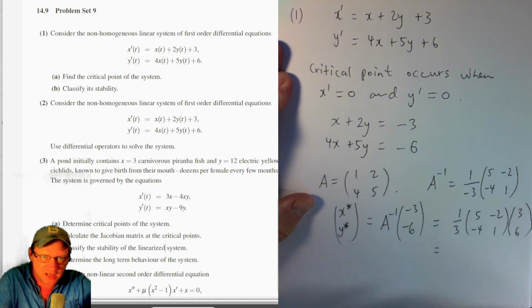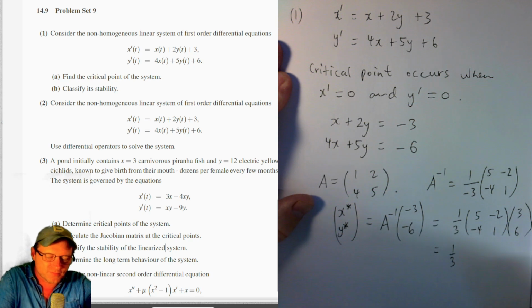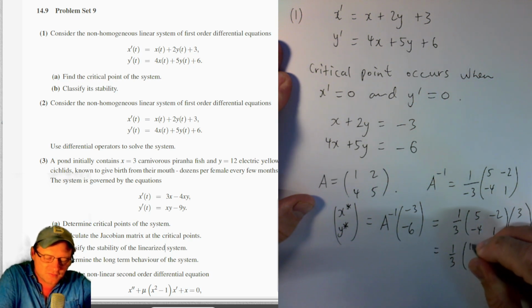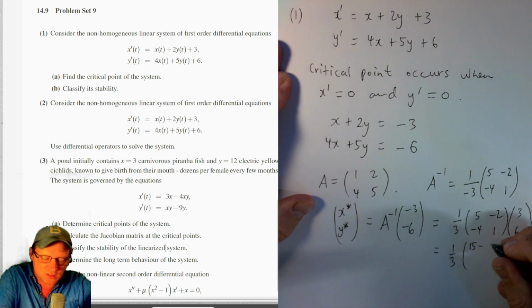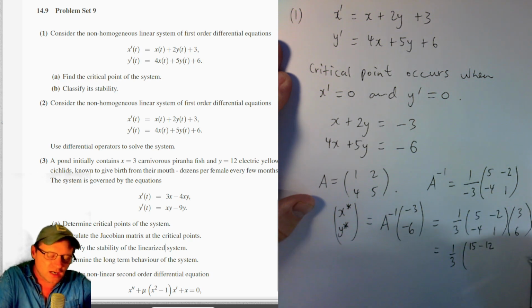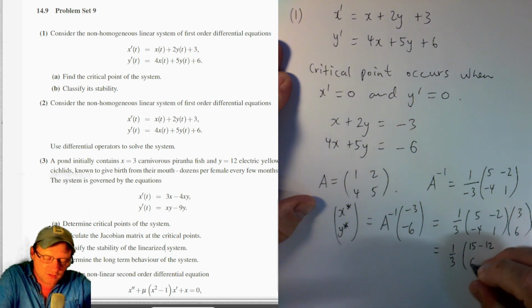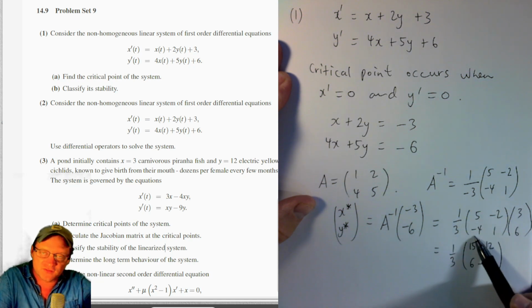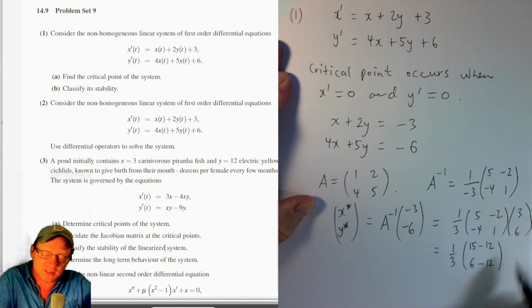Okay, so let's multiply this out. We've got 1/3. 5 times 3 is 15. So 15 minus 2 times 6 is 12. And then we have 6 minus 12 in the bottom row, or minus 4 times 3 and 1 times 6.